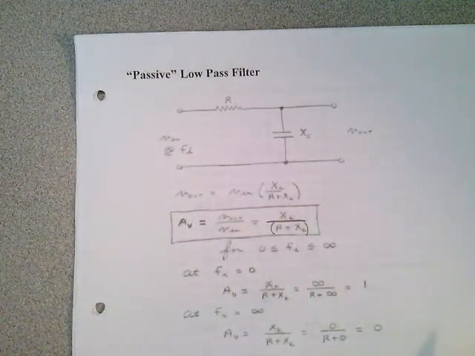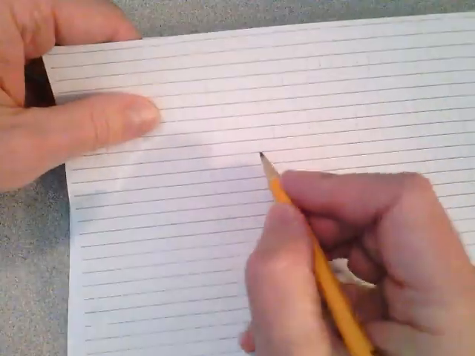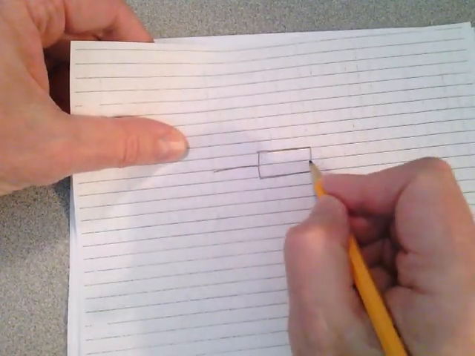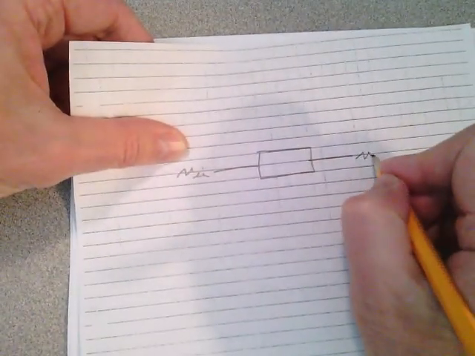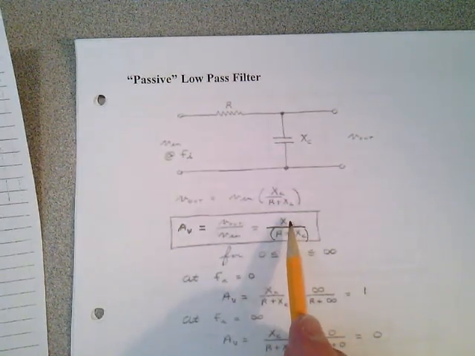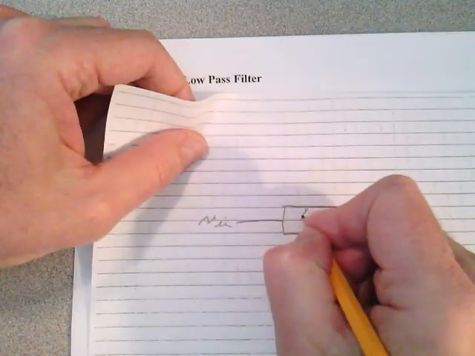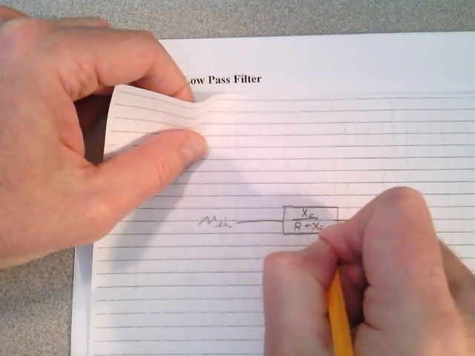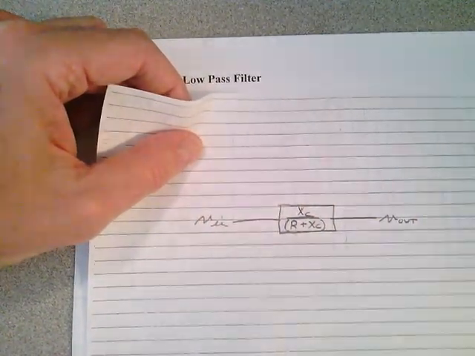Now, very important concept here. What we basically said was that circuit can be reduced down to a block diagram where we have a voltage in over here. We have a voltage out over here, this circuit, and its transfer function is X sub C divided by R plus X sub C. That's the transfer function.